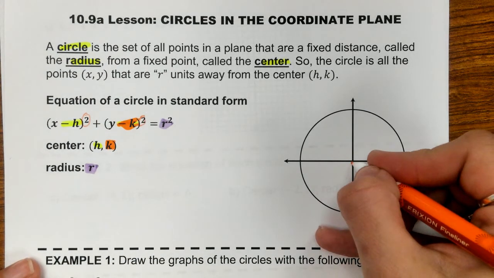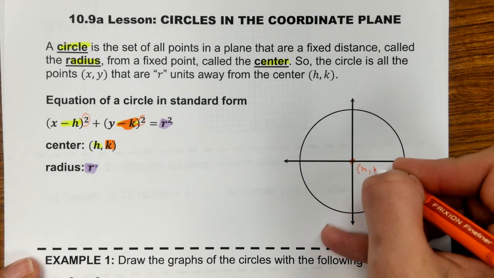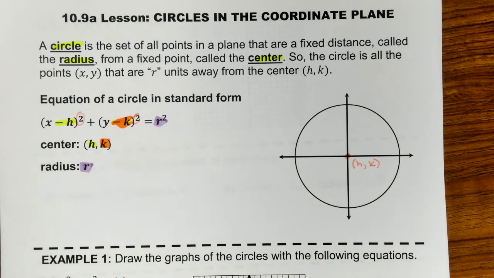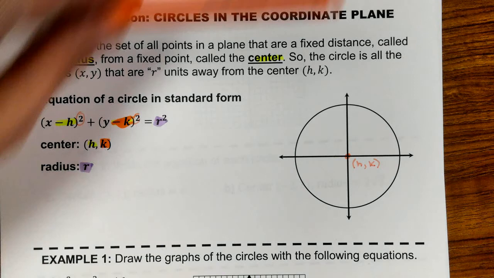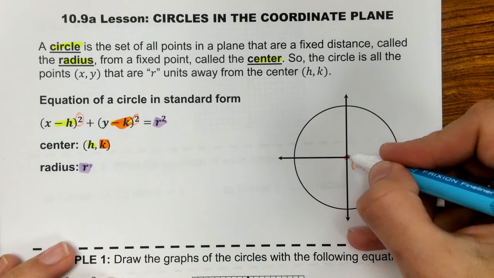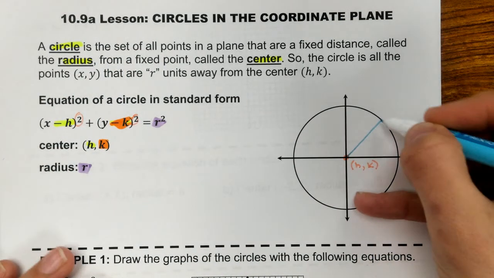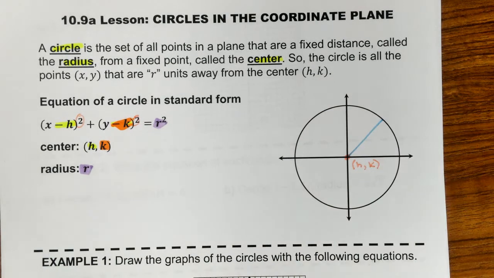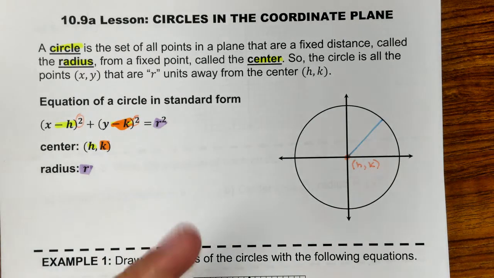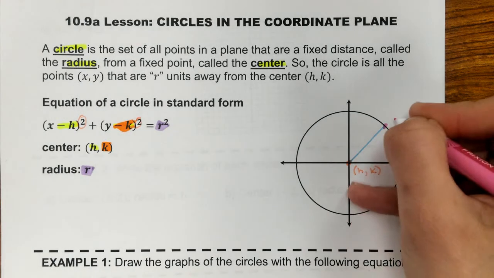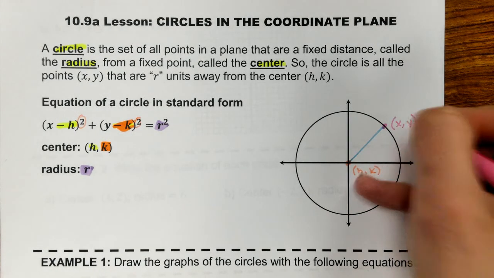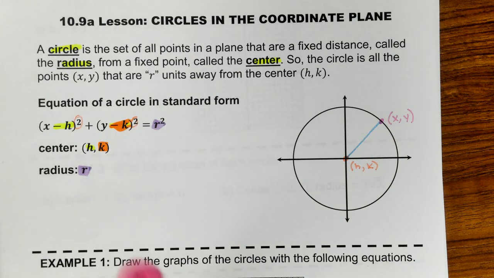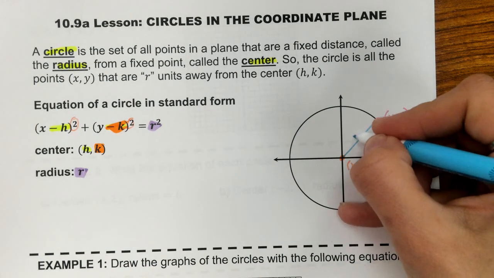Your center is at h, k. Then your radius is going to go out to all the different points on the circle. This point out here is going to be x, y, somewhere on the coordinate grid.